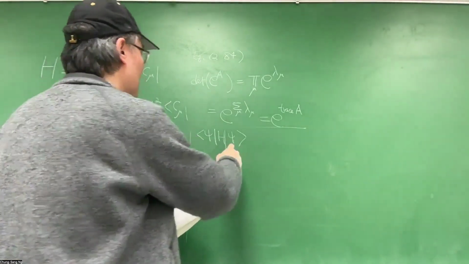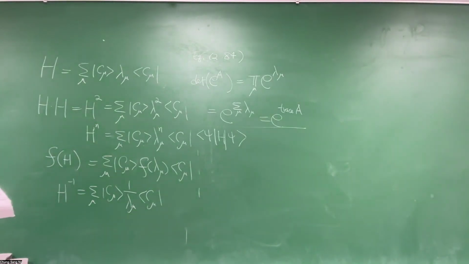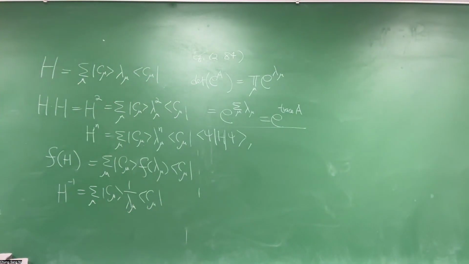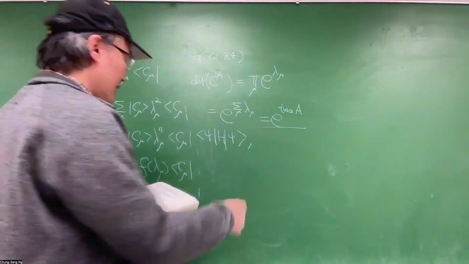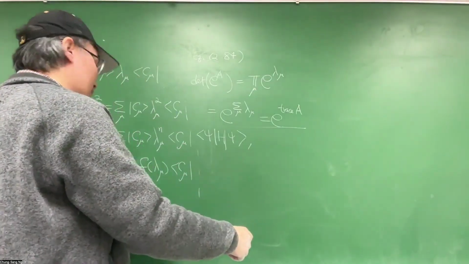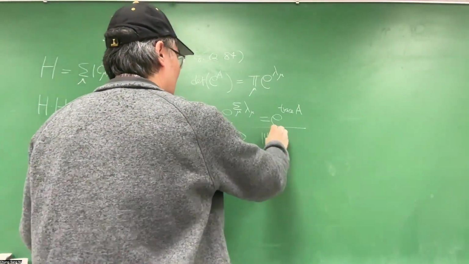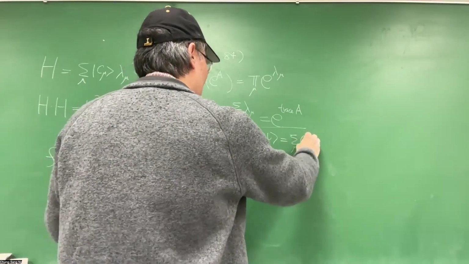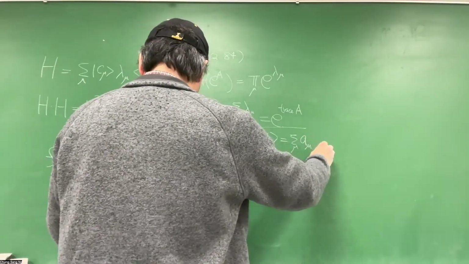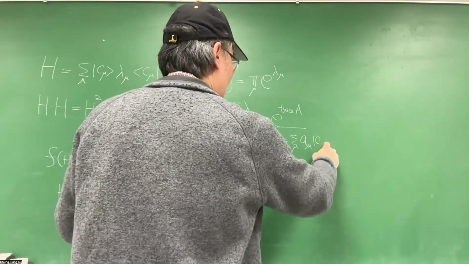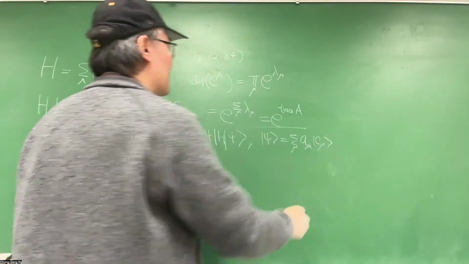If you express psi in your basis using the eigenvectors of h, then this h is diagonalized. So psi is the sum over mu of a mu times this basis vector, whatever you call it, c mu, right?